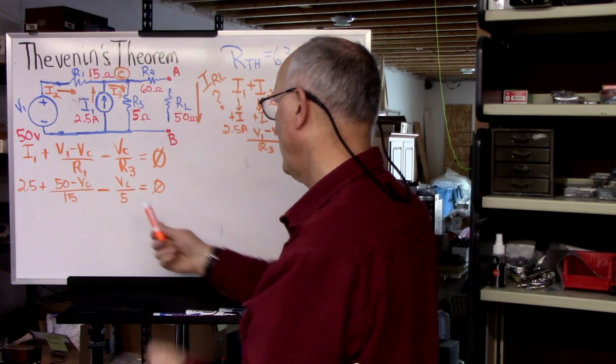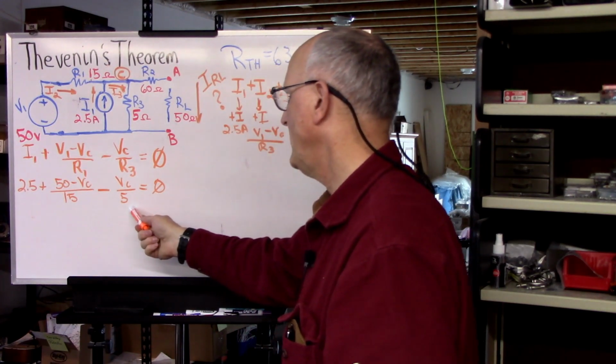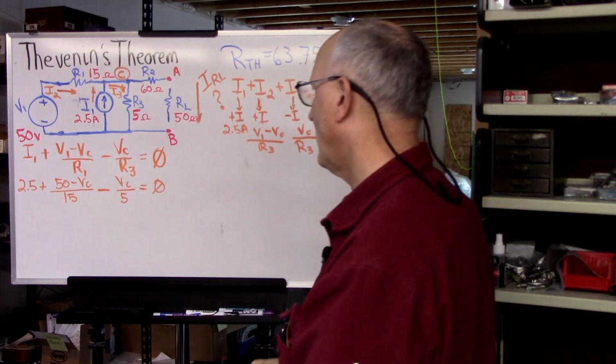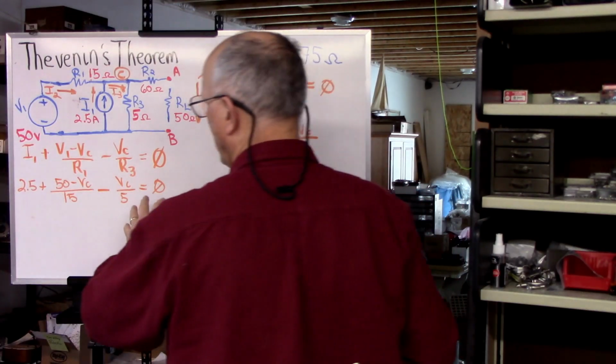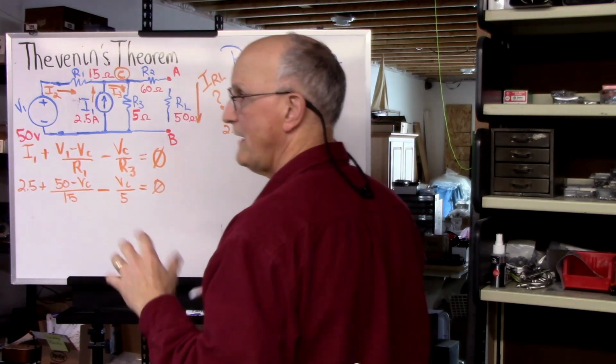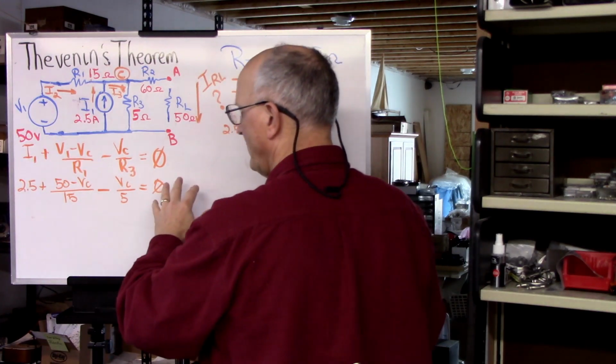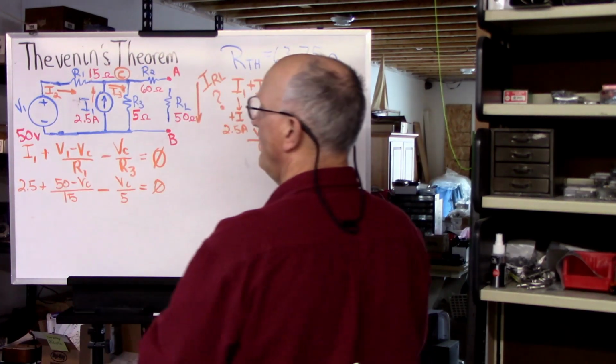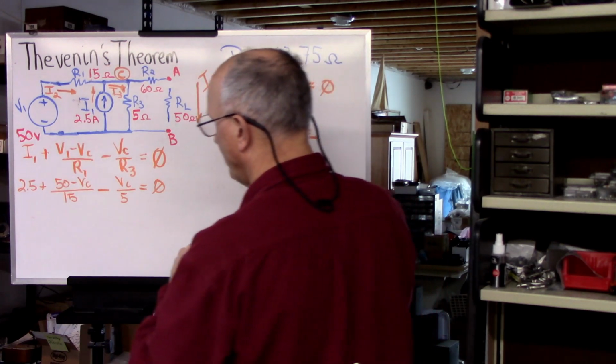Now we want to get rid of the fractions. So we're going to multiply both sides of this equation by 15.